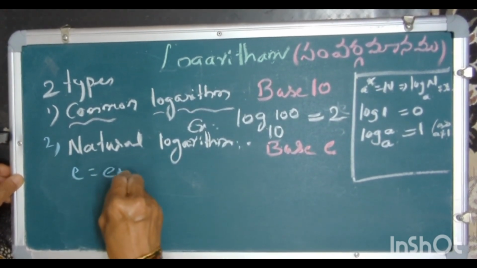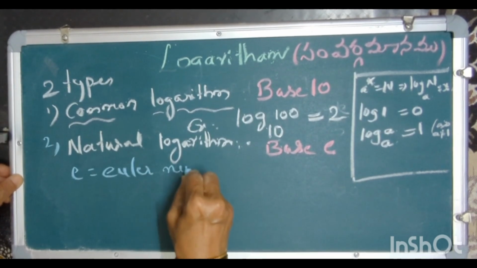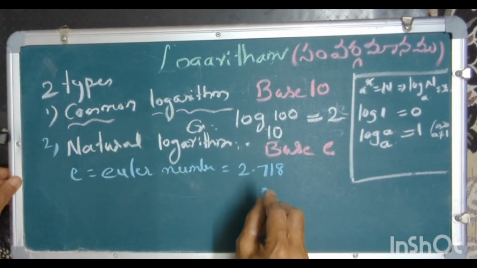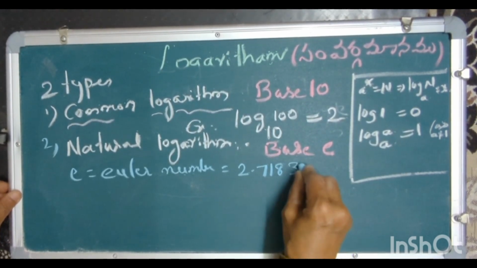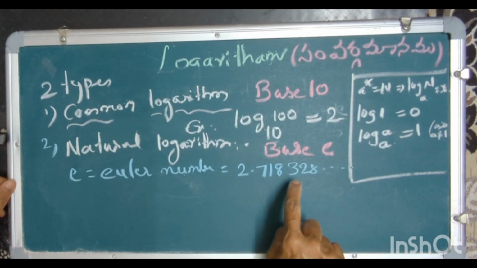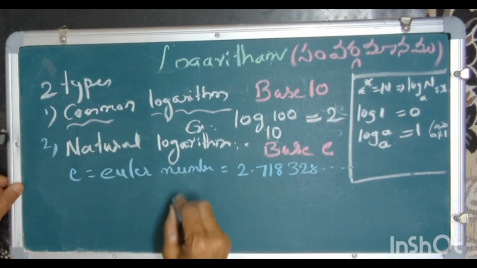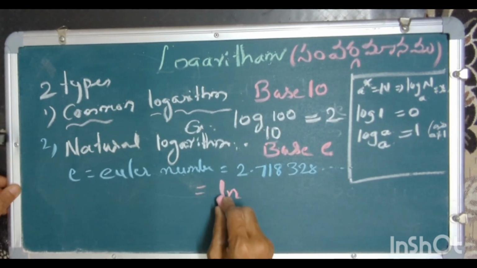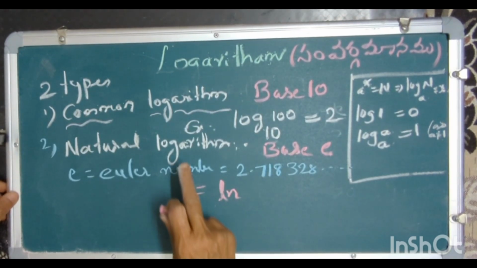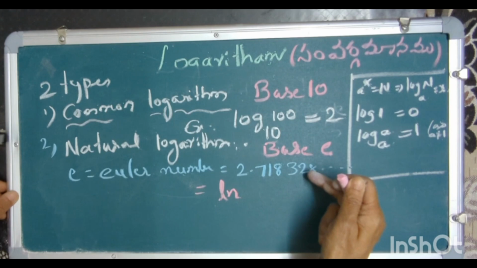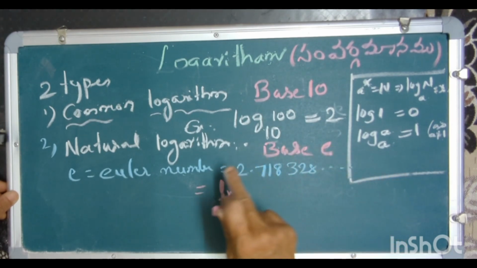E అంటే యూలర్ నెంబర్, దట్ ఈజ్ ఈక్వల్ టు 2.718328 సంథింగ్. సో E ఈజ్ ఈక్వల్ టు యూలర్ నెంబర్. ఇది బేస్ E ఉన్నదాన్ని నేచురల్ లాగరిథమ్స్ అంటారు. దీన్ని LN అనే సింబల్‌తో రిప్రజెంట్ చేస్తాం. సో నేచురల్ లాగరిథమ్స్ అంటే బేస్ E, LN. ఎన్ని టైమ్స్ 2.718328తో మల్టిప్లై అయితే అడిషనల్ నెంబర్ వస్తుందో దాన్ని నేచురల్ లాగరిథమ్స్ అంటాము.